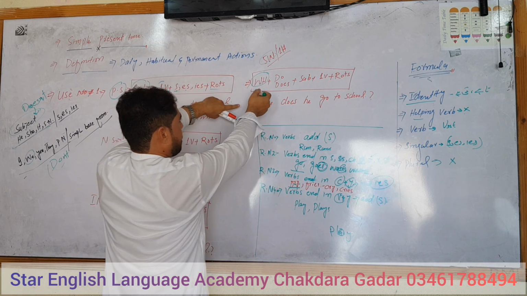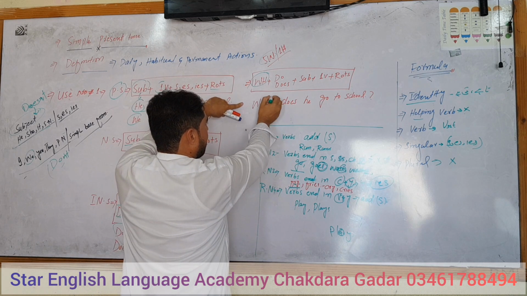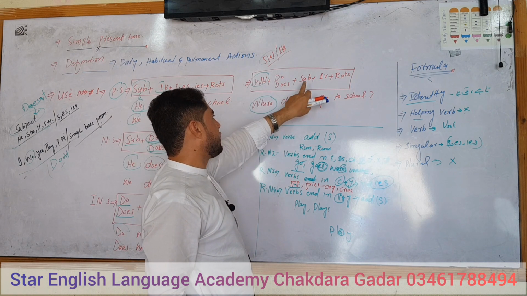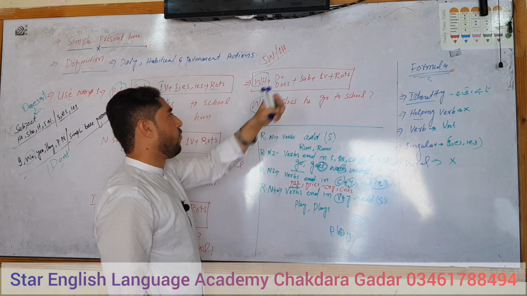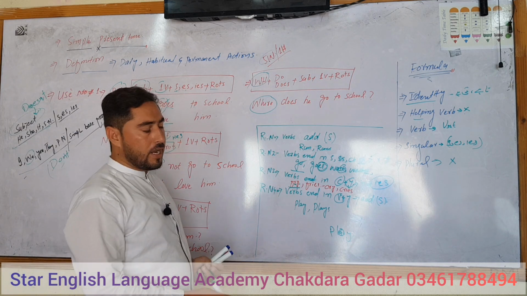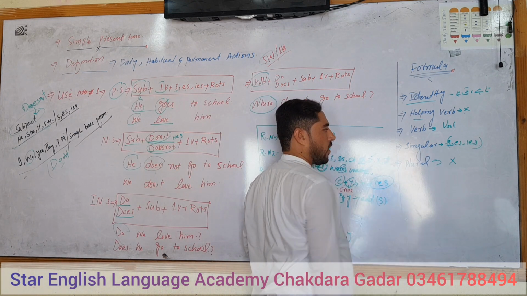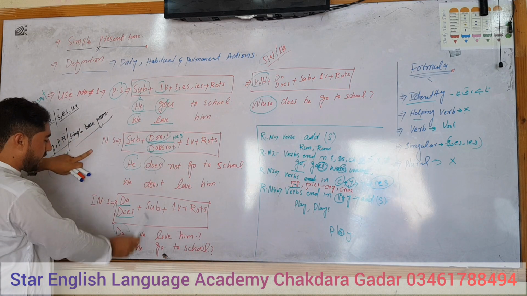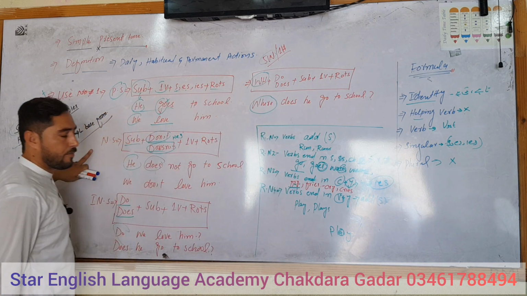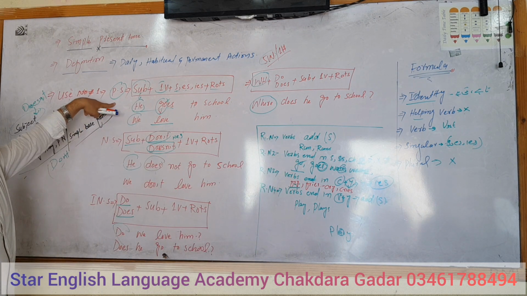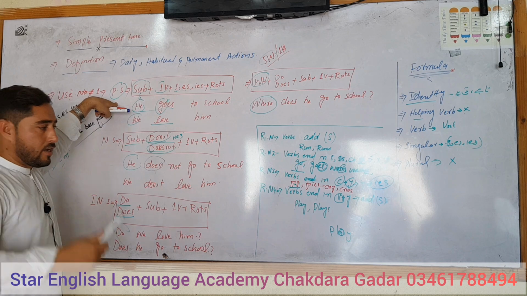These are WH questions. So it is the informative structure. First we will use WH before do or does, then subject, verb first form, and the rest. And remember, we will never add s or es in these three structures: negative, interrogative, and informative. This rule is just for the positive structure.